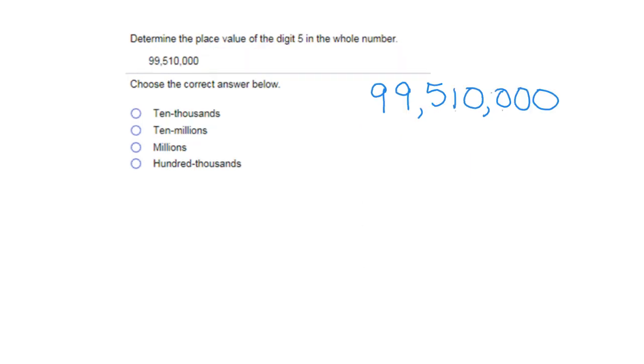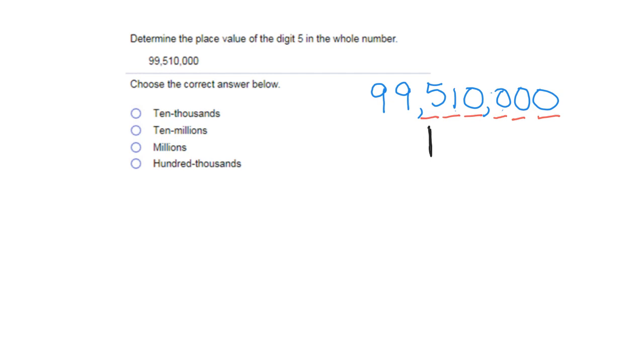Determine the place value of the digit 5 in the whole number. They gave us a really large number and they want us to find the place value for that digit 5. So let's go through each of the place values, starting from the far right. This is ones, tens, hundreds, thousands, 10,000s, 100,000s.